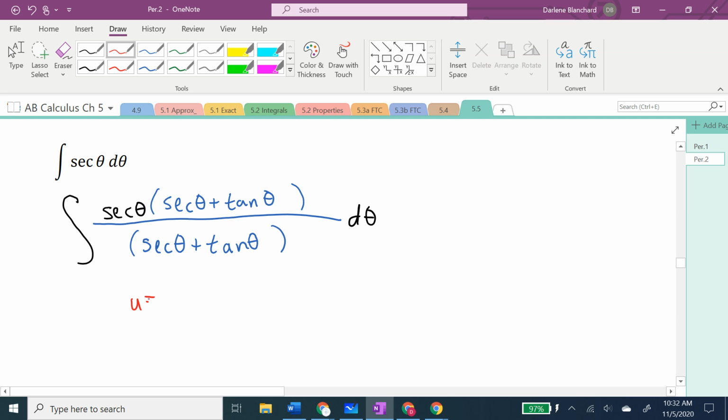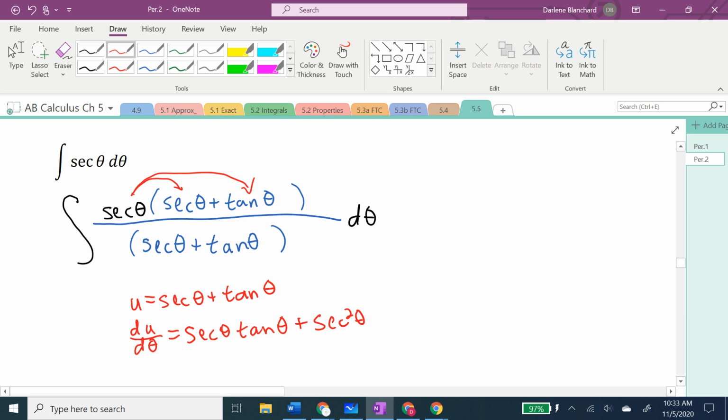If I make u the denominator, when I take the derivative, guess what I get? Derivative of secant is secant theta times tangent theta. Derivative of tangent is secant squared theta. And now distribute your multiplication.